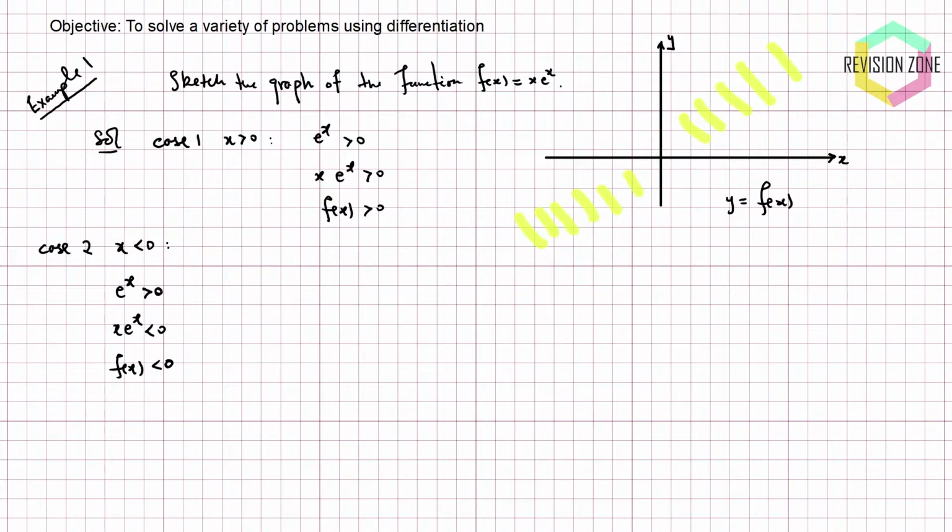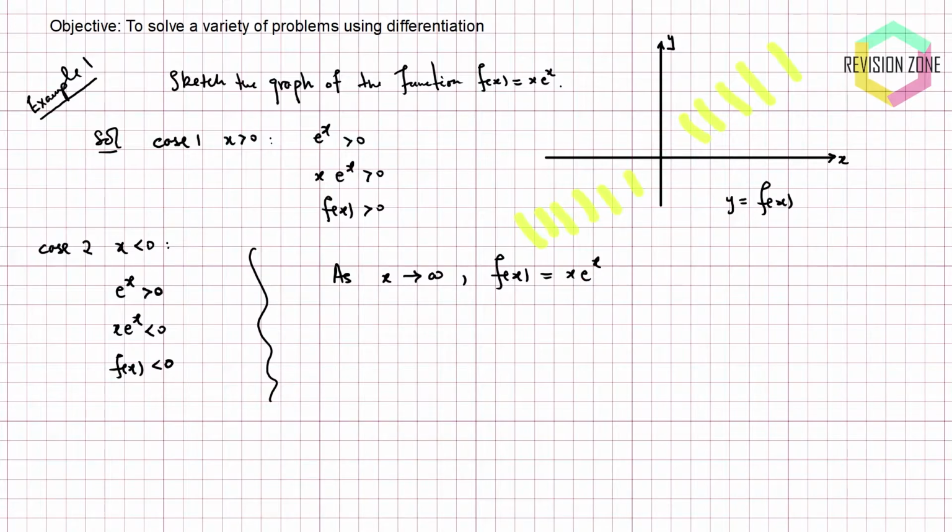So let's think more systematically and try to figure out how the graph's going to behave. The first thing we might want to work out is, well, what happens as x gets larger and larger, okay? So as x tends to infinity, it's clear that f of x, well, if the x gets larger, then clearly f of x is just going to get larger, even if that thing there remains constant.